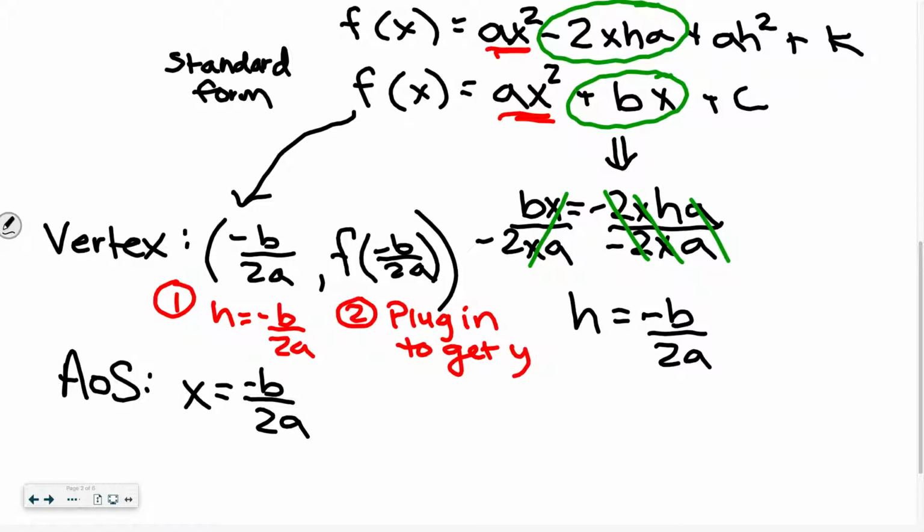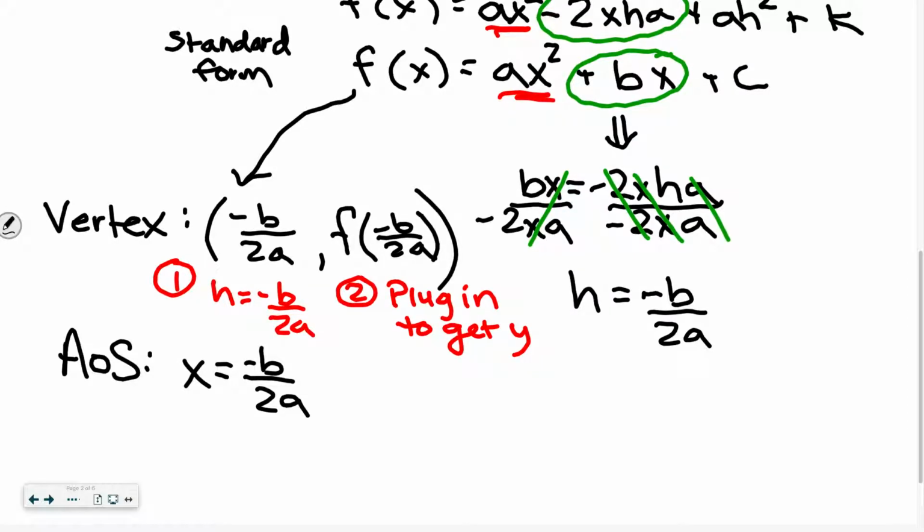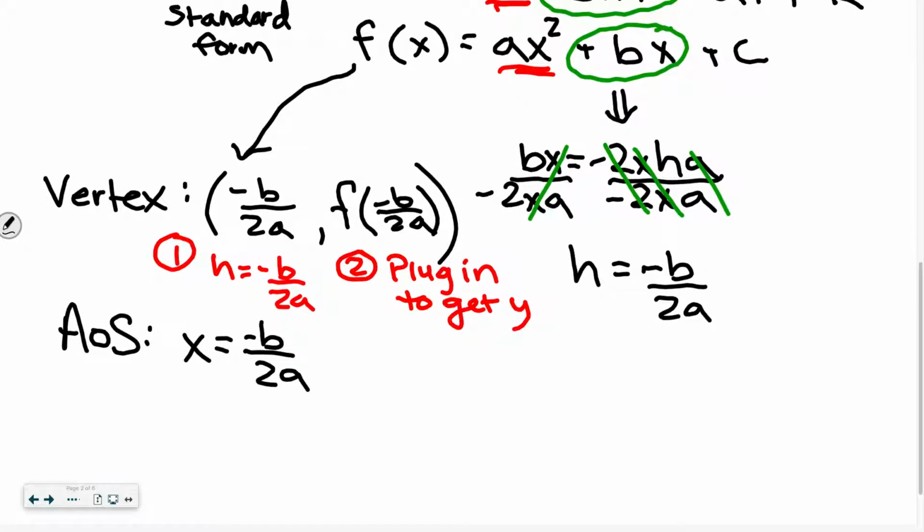So if you find out the opposite of b over 2a is equal to 5, then you just know your axis of symmetry is x equals 5. It looks worse now than it really is. Okay, and we could do domain and range. We'll look at increasing and decreasing as well. But there's one extra thing that I'm going to add to standard form, and that is going to be the y-intercept.